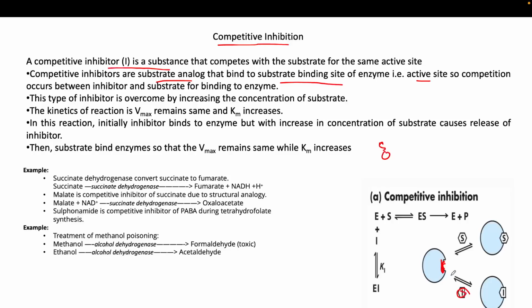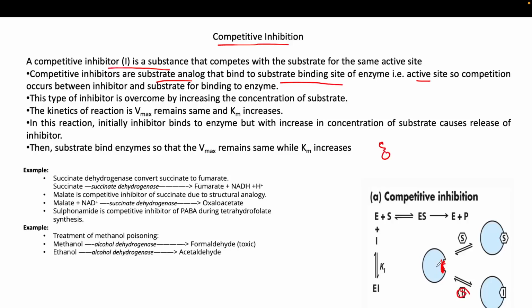So if Km increases, it means the binding affinity will be low, right? Binding affinity for the substrate, because here the other competitor of this substrate is the inhibitor. It also has the same capability to bind with this active site.